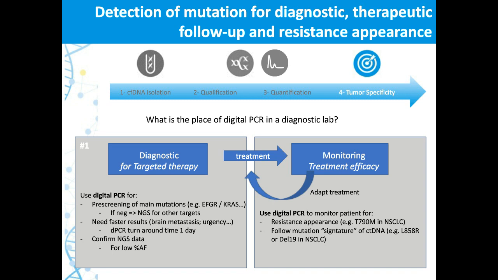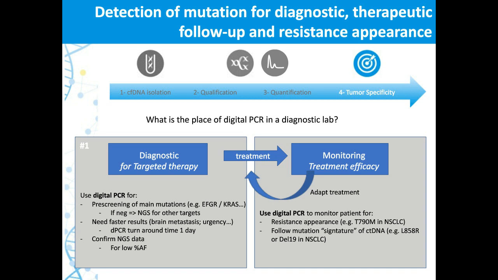Digital PCR can also be used to confirm NGS data, for example, for low abundance frequency. Then the usefulness of digital PCR is for the monitoring of a patient, to monitor treatment efficacy and adapt the treatments.